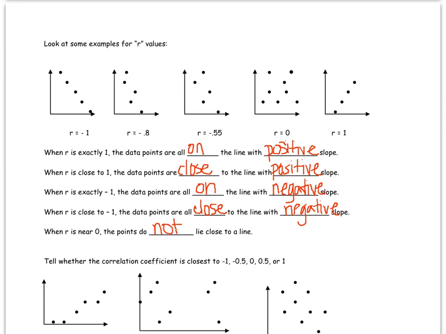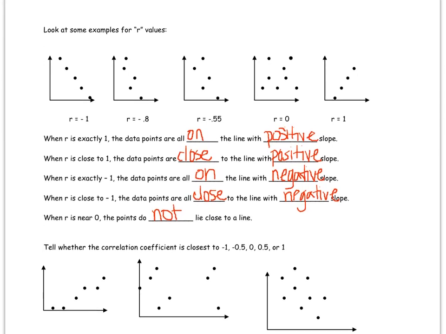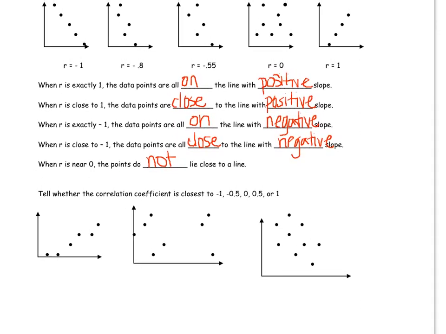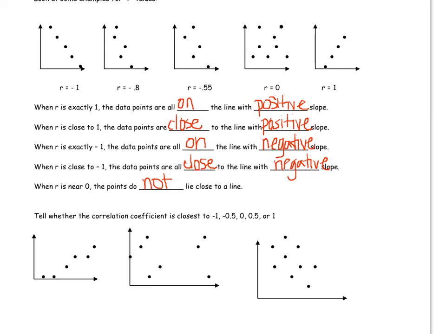So let's look at this next part here. We're going to tell whether the correlation coefficient is closest to -1, -1/2, 0, +1/2, or 1. Looking at this problem right here, if I drew a line right here, those points are all going to be pretty close to that one, and that line would be going up.